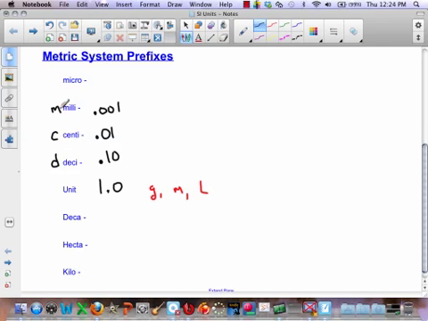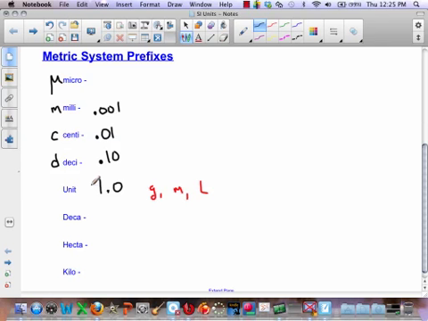And then we're going to make a big jump here, micro. A micrometer is basically the thickness of a piece of paper. That's represented with the Greek letter mu, like an M with a long stem on it. And that's basically times 10 to the negative 6. Okay, so that's scientific notation, guys.